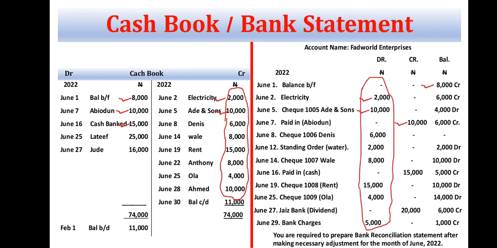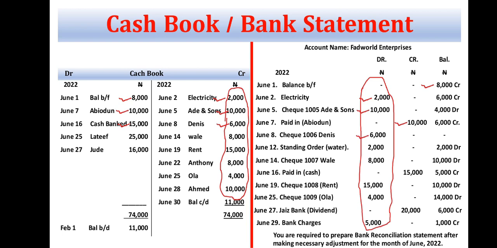The next entry is June 8, where we have Dennis 6,000 naira. Let's look at the bank statement. In the bank statement we also have check 1006 Dennis 6,000 naira, which means the entries appear in these two sides of the account. So we are going to asterisk Dennis 6,000 naira in the cash book, Dennis 6,000 naira in the bank statement.